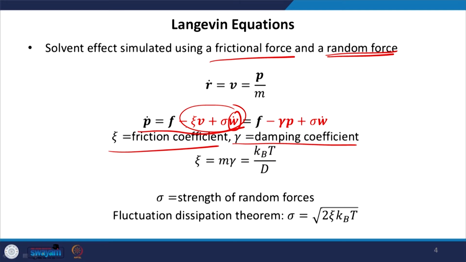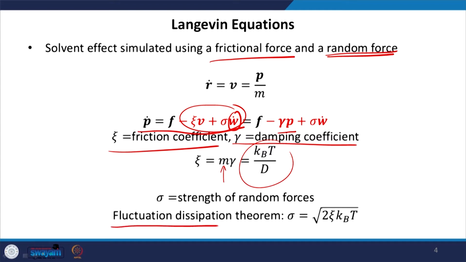So, we can write this equation in terms of zeta v or gamma p, where in one case I am keeping the velocity and in the other case I am keeping the momentum in the frictional force term, and therefore, zeta is basically mass times gamma. So, there are two ways of writing the frictional force term, and that particular coefficient is defined as the kBT thermal energy divided by the diffusion coefficient as given in here.